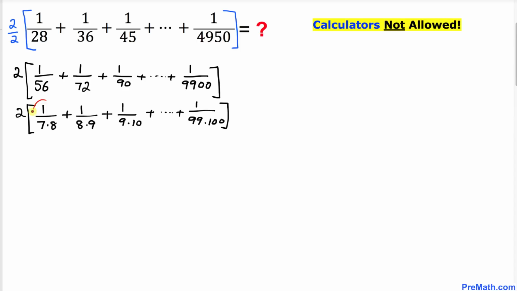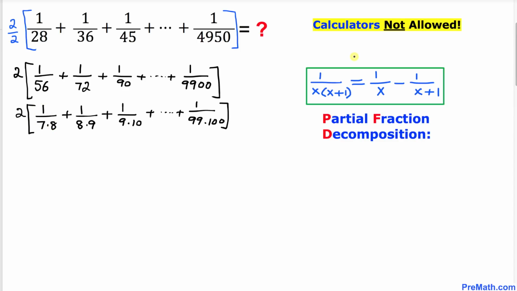And here's our next step. Let's focus on this 1 over 7 times 8. Now we are going to use this well-known fact: 1 over x times x plus 1 could be written as 1 over x minus 1 over x plus 1.